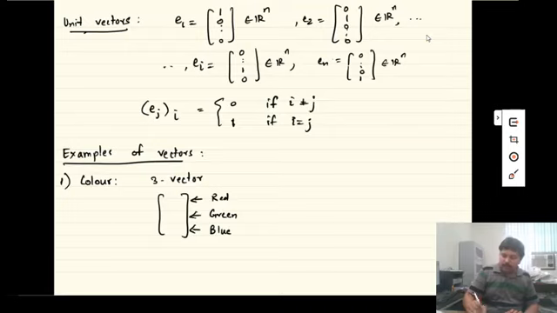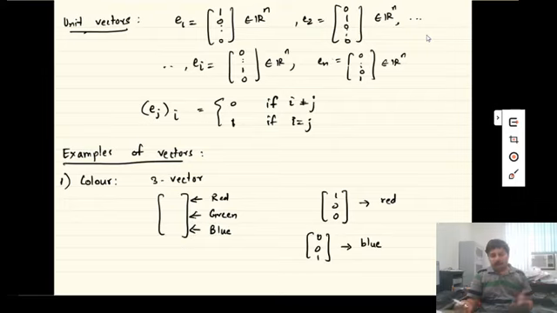Suppose I write down the vector 1, 0, 0, then the color that I am talking of is basically red. If I am talking of 0, 0, 1, then that's blue. And if I have some alpha, beta, gamma, then I have a red color with intensity alpha, green color with intensity beta and blue color with intensity gamma, and when I mix these three together I get a certain color.